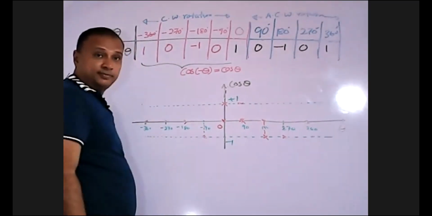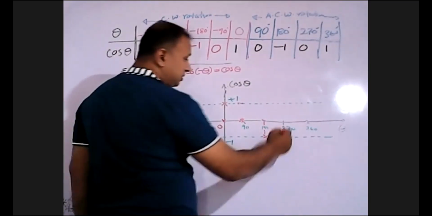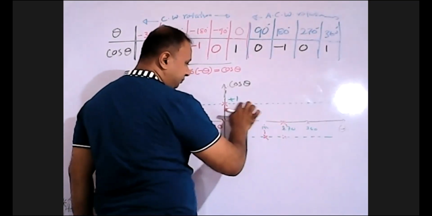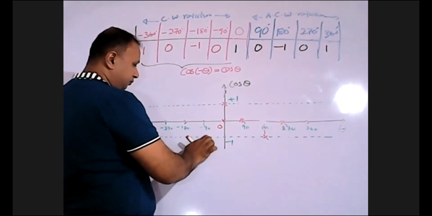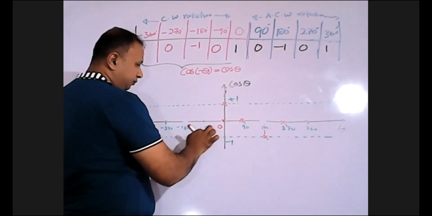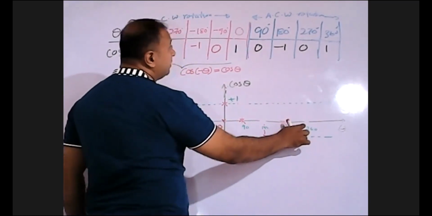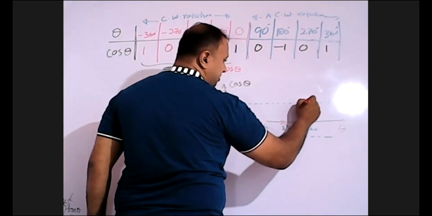When theta is 270, cos value is 0. When theta is 360, cos value is 1.